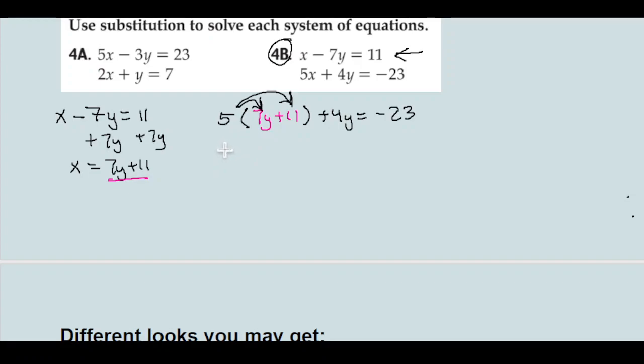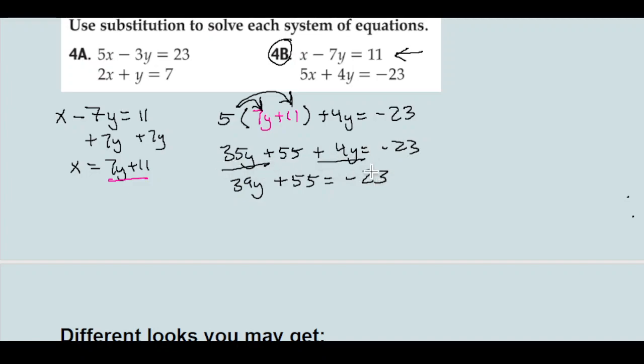So 5 times 7y is 35y, and then 5 times 11 is 55, and then plus 4y is equal to negative 23. Now we're going to combine these two things. You're going to get 39y plus 55 is equal to negative 23. We just combined this and this.